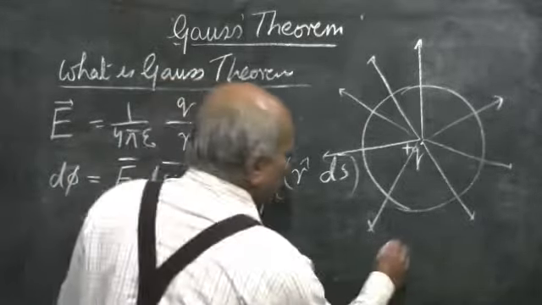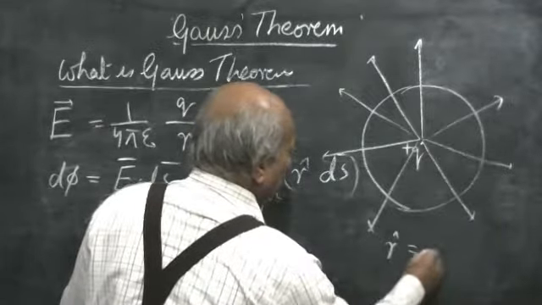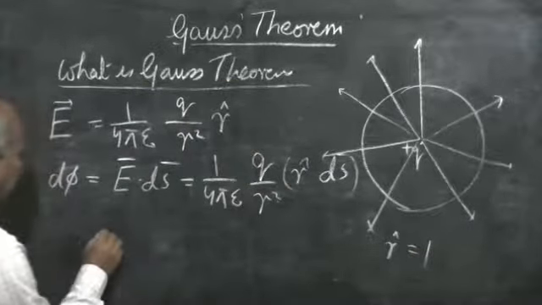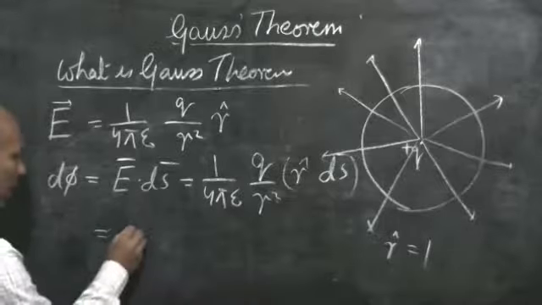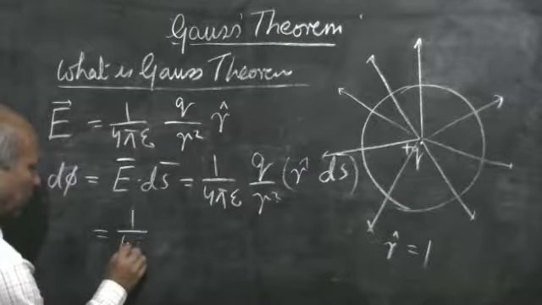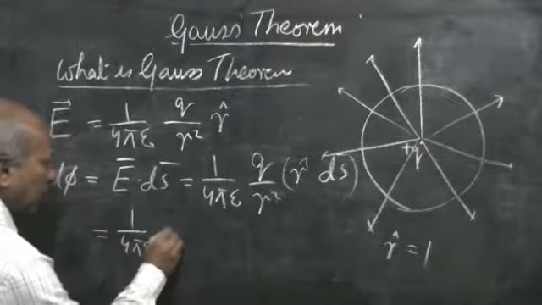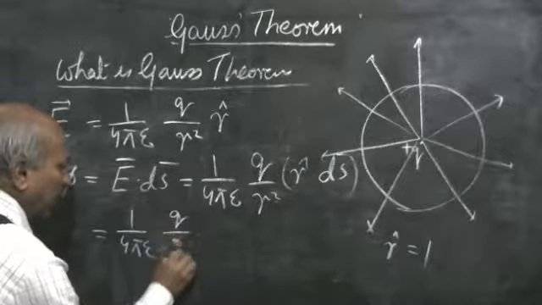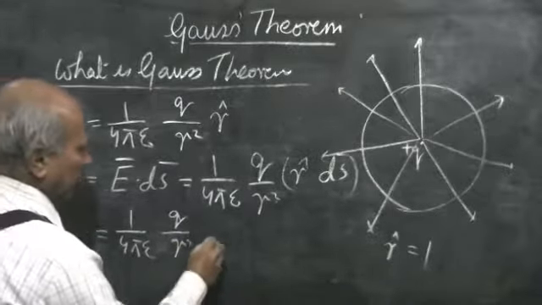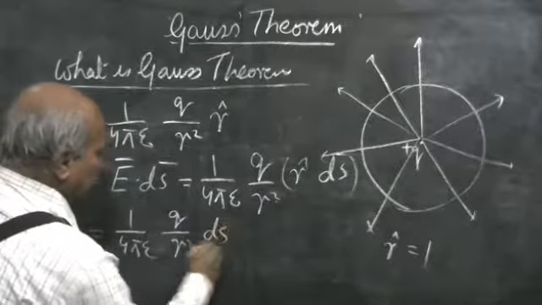Unit vector means 1. Now this will become 1 upon 4 pi epsilon naught, q upon r square, ds.